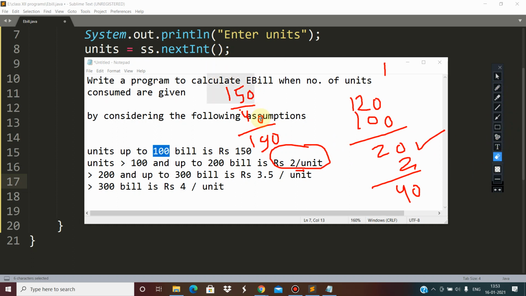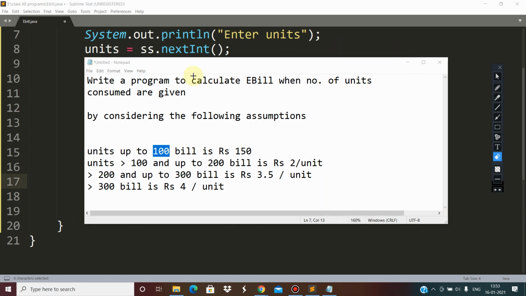So, sir, does this mean that if the units are more than 100, we first add the 150 rupees also? Yes, definitely 150 and then the remaining part. Okay, suppose in your school there is a rule in the library that for the first 10 days you can keep the book without fine, and you return the book on the 11th day.